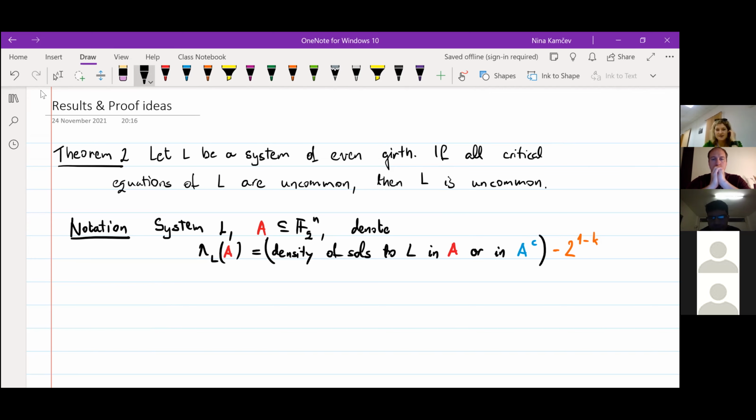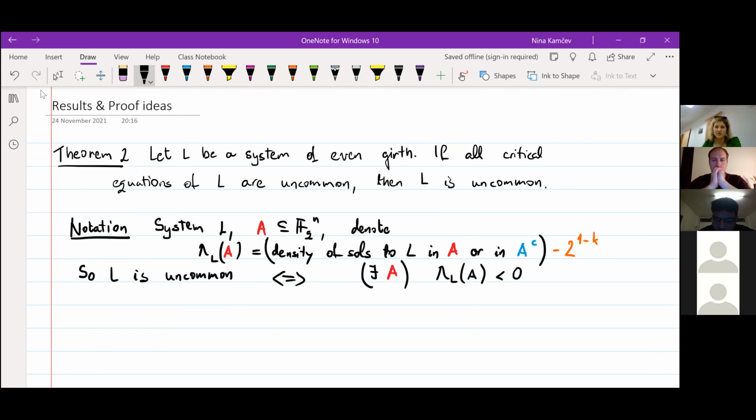Okay, so this is just notation again. Our definition of commonness says that L is uncommon if and only if there is a set A, which again corresponds to a coloring, such that this lambda L of A is negative.